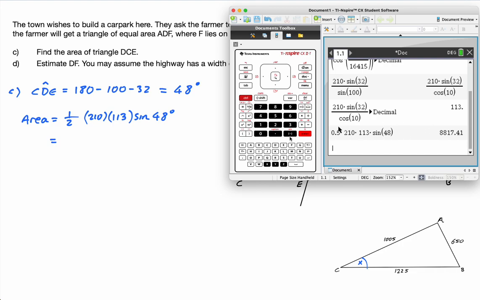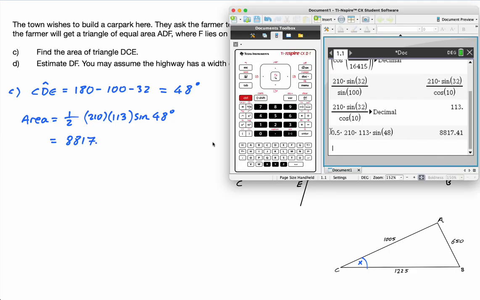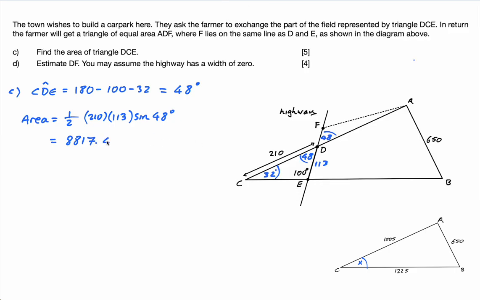Press enter. 8,817.41. You can write it to 3 significant figures if you want. 8,820 to 3 significant figures. And this is, guys, meters squared because it's area.